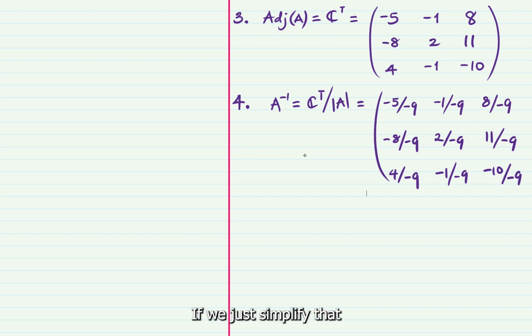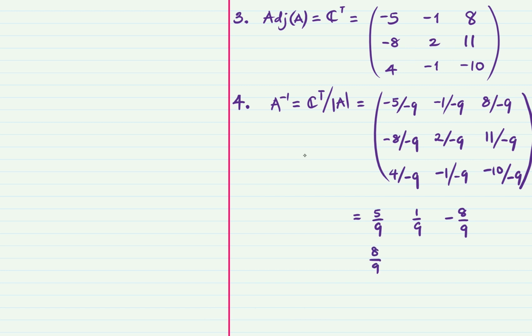If we just simplify that a little bit further, we have this to be 5 over 9, 1 over 9, minus 8 over 9, we have 8 over 9, 2 over 9, minus 11 over 9.